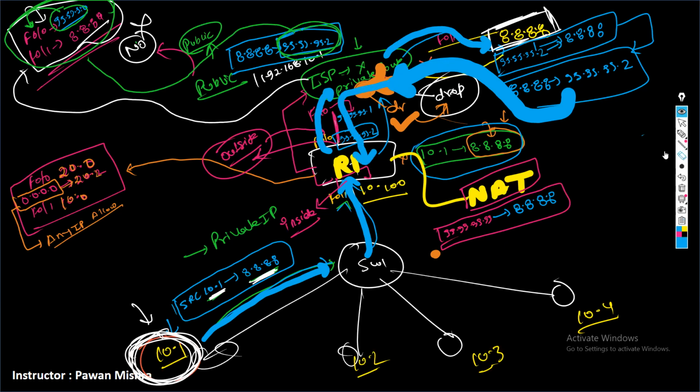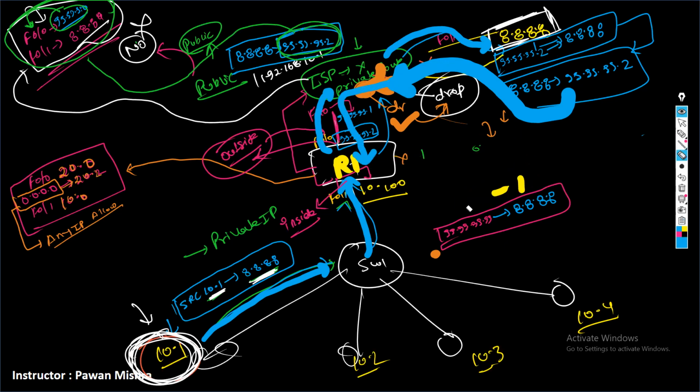and then this R1 router will receive the packet. One more thing: when R1 receives a reply packet, the source IP address is 8.8.8.8 and the destination IP address is 99.99.99.2.